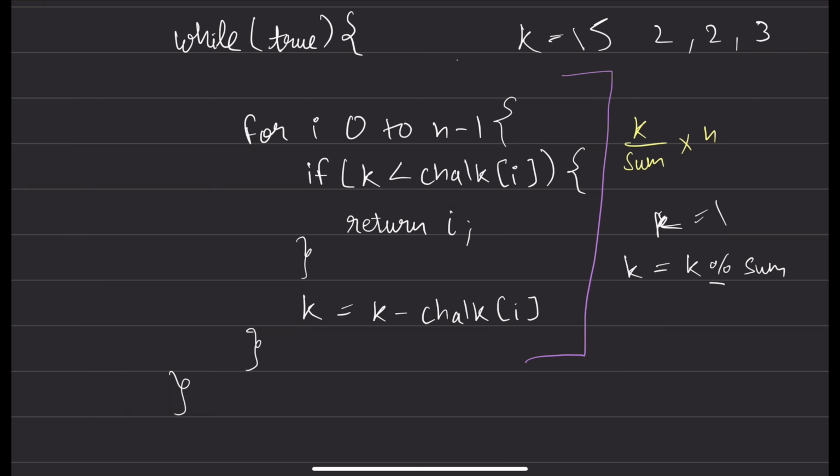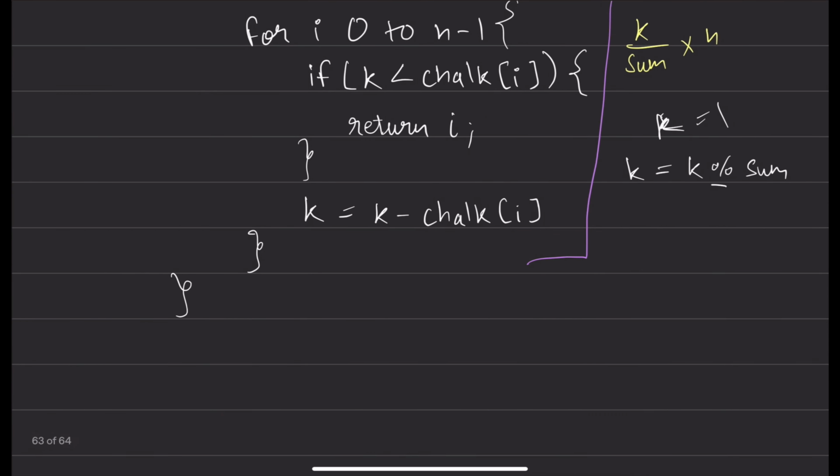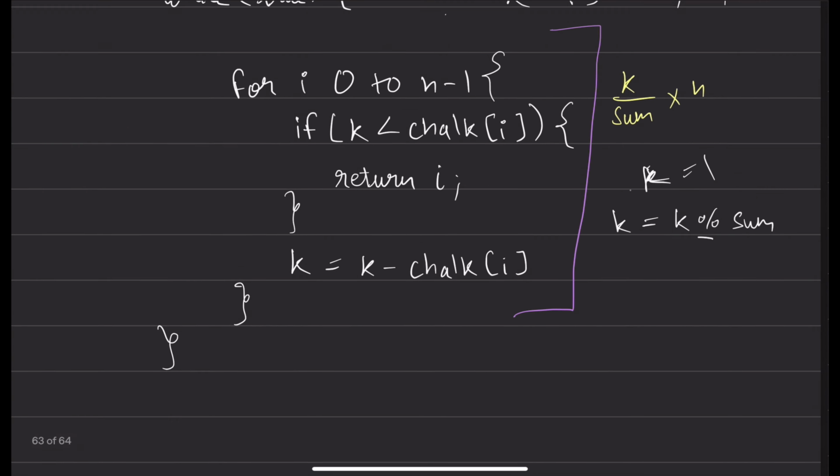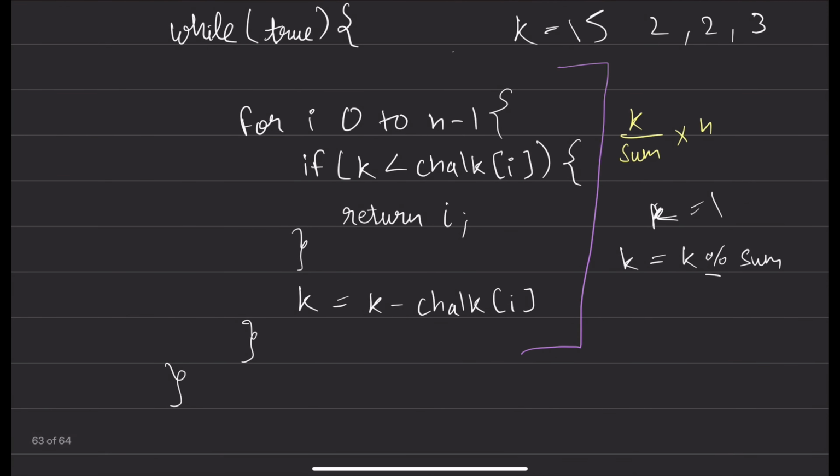Now when k equals 1, I can just iterate on this one time. I will see that this first value is greater than the number of chalks which we currently have. The number of chalks I currently have is 1, and this first value is greater than it.